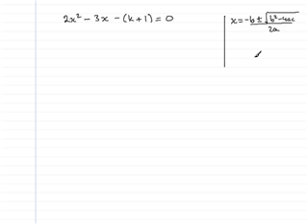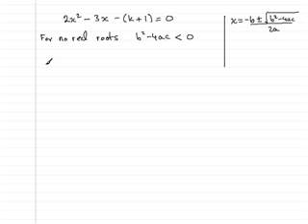It's that principle that this question hinges on. So for no real roots, the discriminant, which is b squared minus 4ac, has to be negative, in other words less than 0.